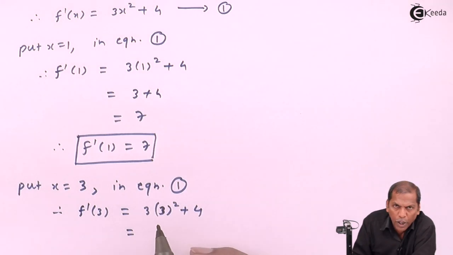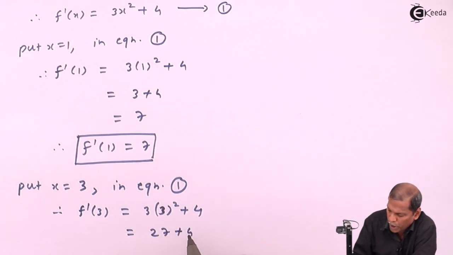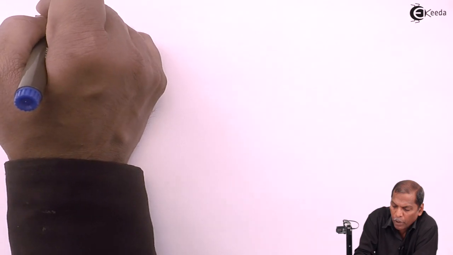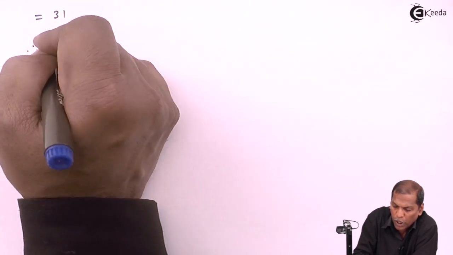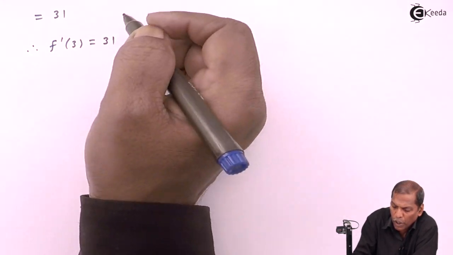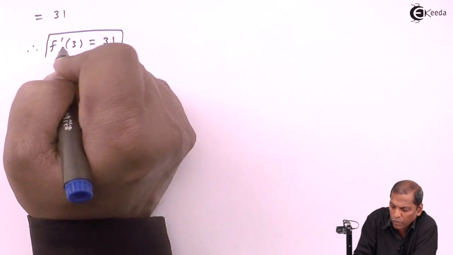That is, now 3 square is 9, 9 into 3 is 27, plus 4, and that equals 31. So in this way f dash 3 is equal to 31.